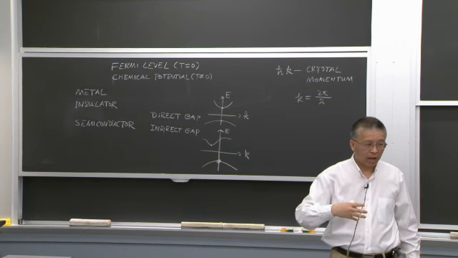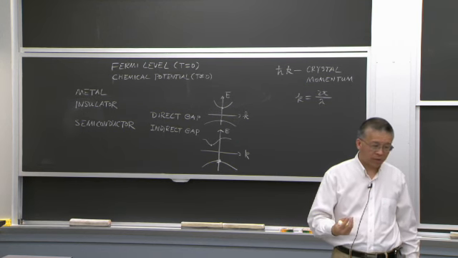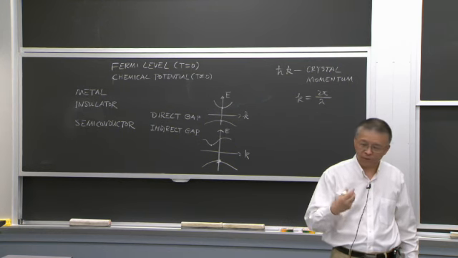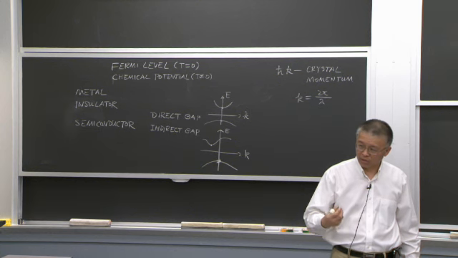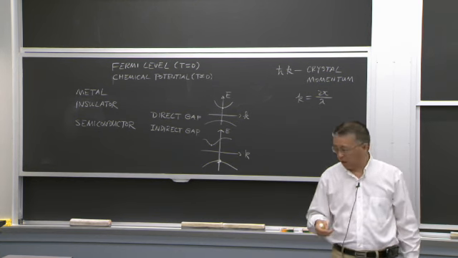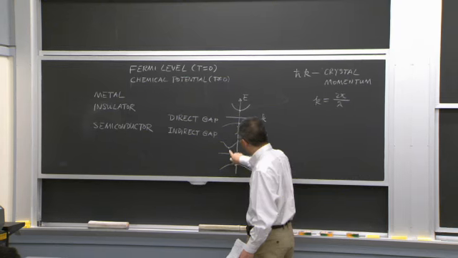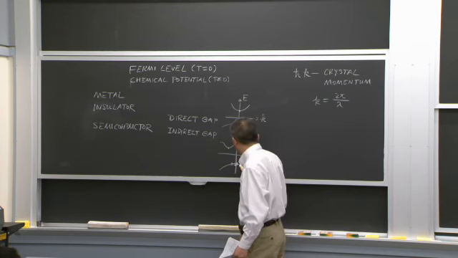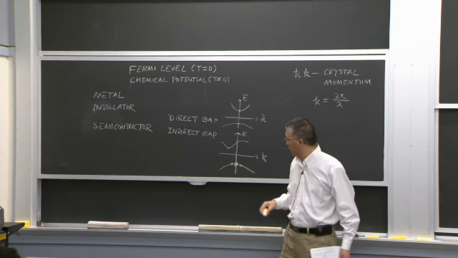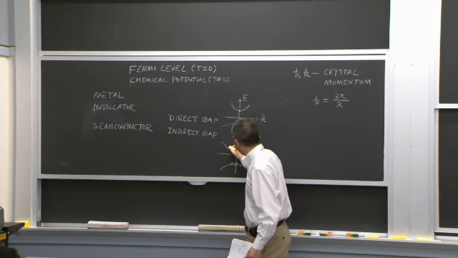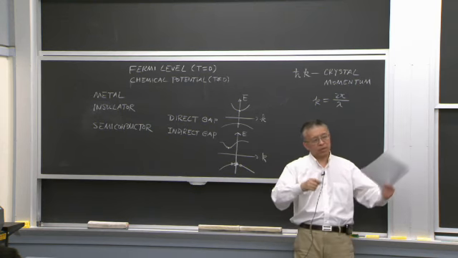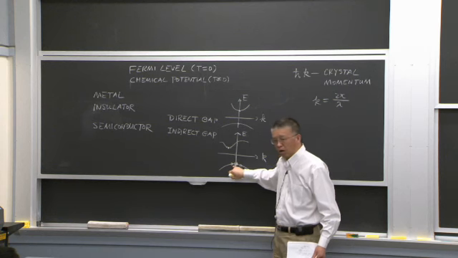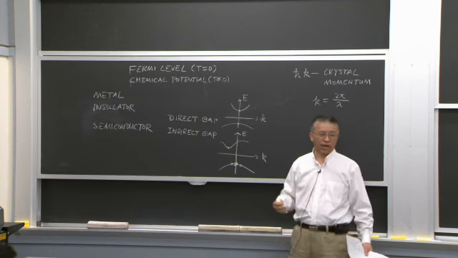Okay, and now at non-zero temperature, some electrons gain enough thermal energy because of the Boltzmann statistics. The electrons always have a distribution, and some electrons move from here to here, and that leaves behind empty states. And because of the empty states, the few electrons here are very happy because there are a lot of empty states. Many electrons here are also happy because now they finally have a little bit of room to wiggle, right?